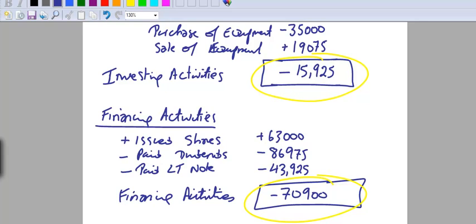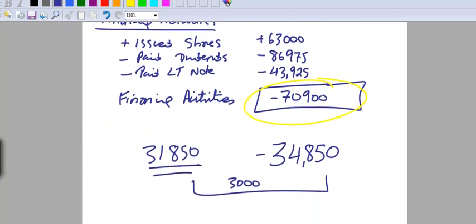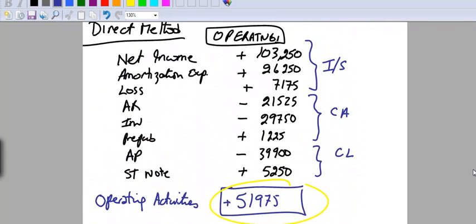So the most common occurrence that happens in a cash flow statement is when you're under the gun in an exam, you're going to be off. So the first thing you do is check for reasonability. You add up your operating activities, and if you add them up, add them up again.